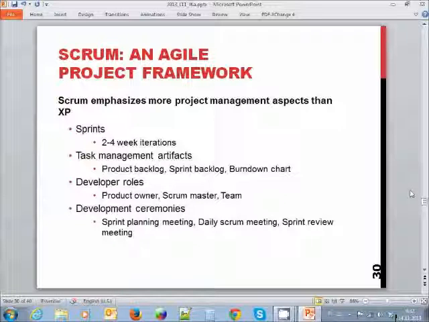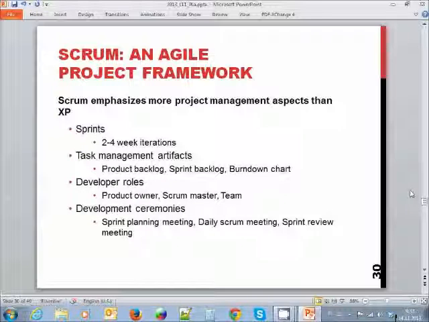So we have iterations or sprints, as they are called in Scrum, of 2 to 4 weeks. That's more than in extreme programming, but still considerably less than, for example, in unified process, where the one iteration may be something like 3 to 4 months.